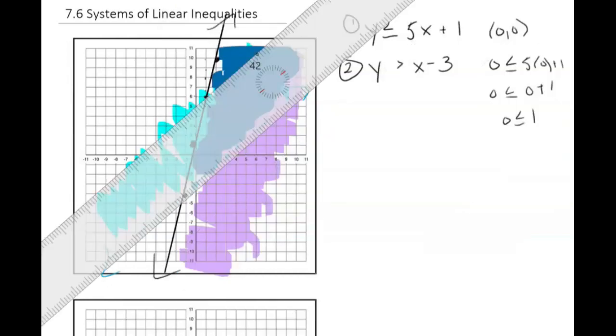Okay, let's keep moving on here. Let's do another example. What if we have the inequality y greater than 4x plus 3, and then y greater than or equal to -2x minus 1? Here's my first inequality, and here's my second. Both are solved for y, so let's get going.